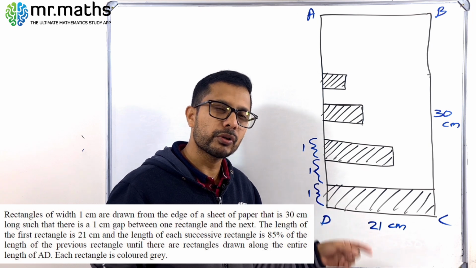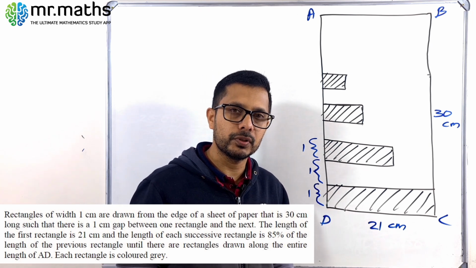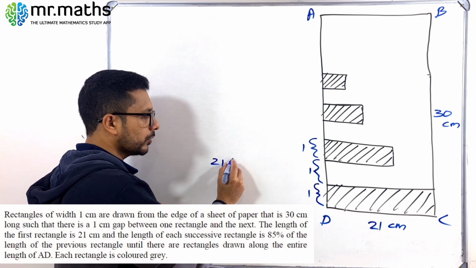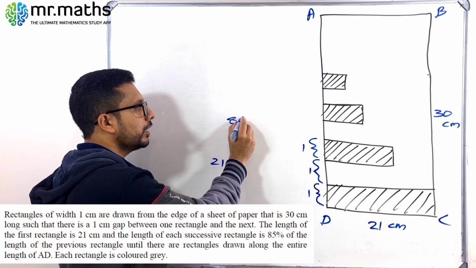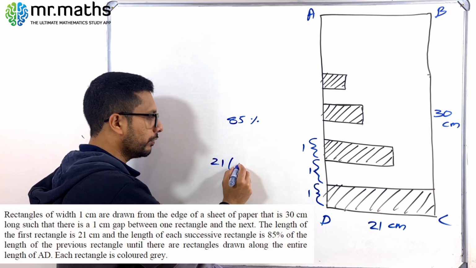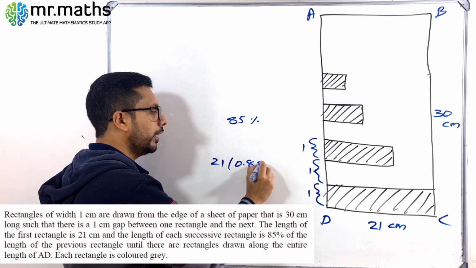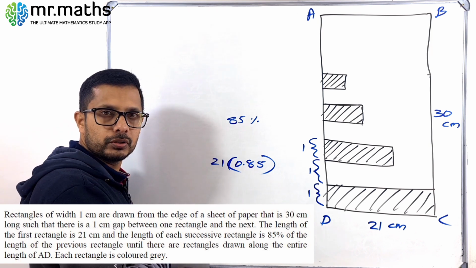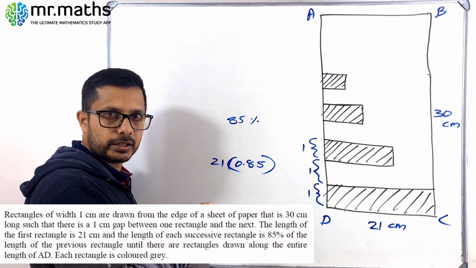Do you understand? How can you find the 85% of 21 centimeter? 21 times 85% means what? 0.85. Am I right? So 21 times 0.85. Am I right? This is the 85% of 21. Am I right? Okay.